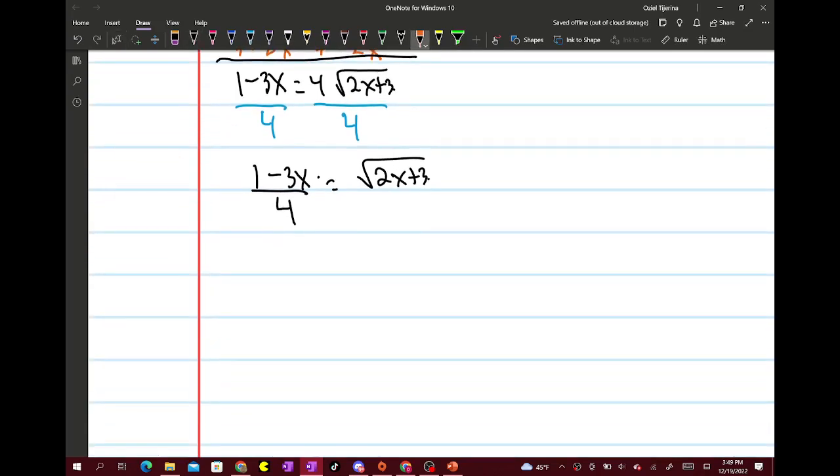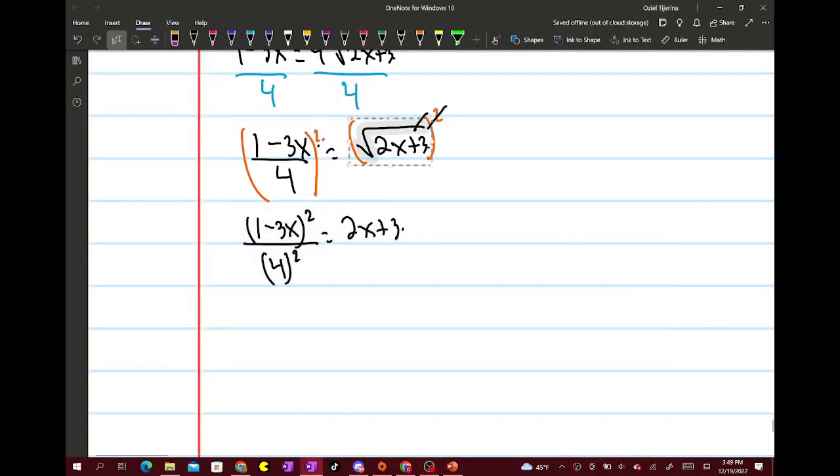And then go ahead and square both sides of the equation to get 1 minus 3x quantity squared over 4 squared equals 2x plus 3, because the root cancels out.